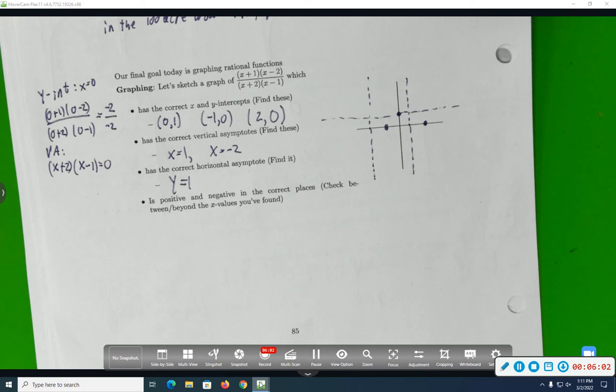So that means for everything to the left of negative 2, for all of those x values, it's either always positive or always negative. So if we pick a single sample point, we can get the result. What sample point would you like to pick?